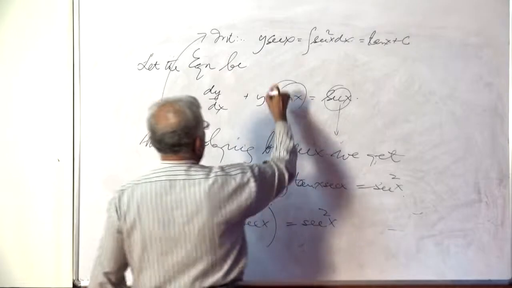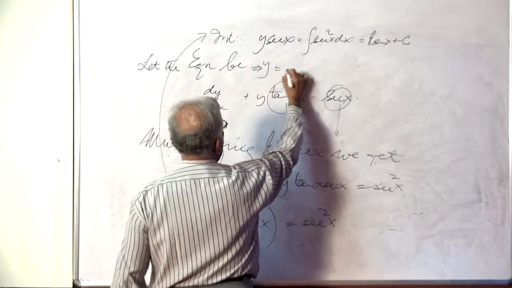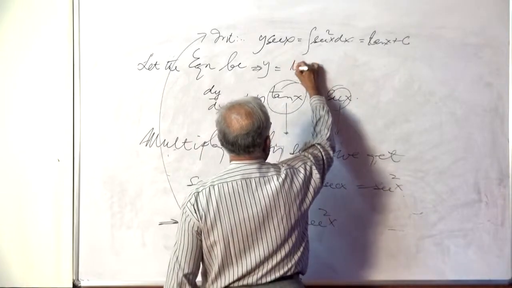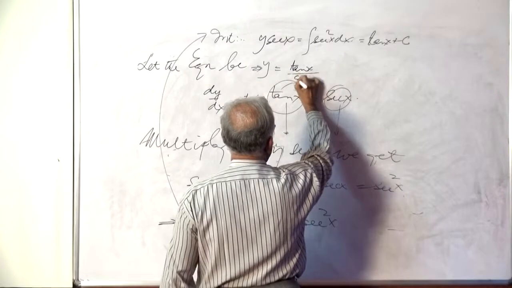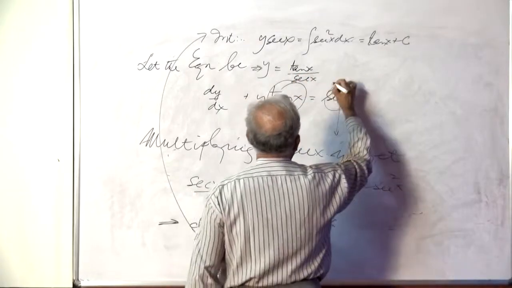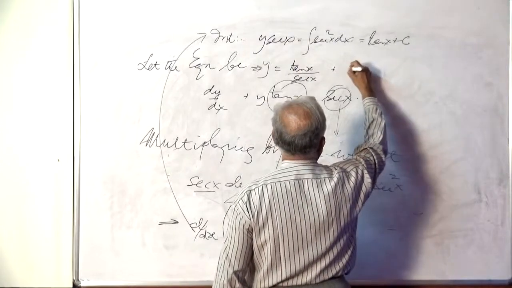So our solution is y is equal to tan x divided by sec x plus c divided by sec x.